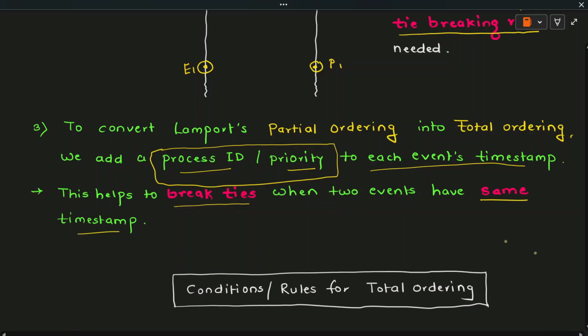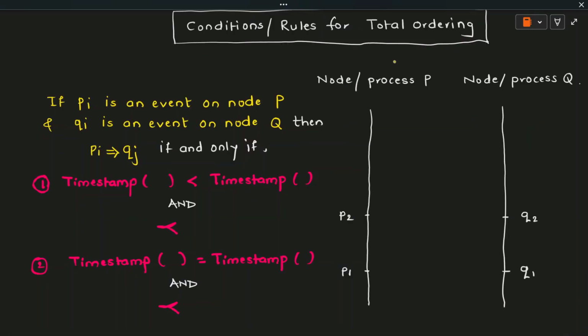Let us see the conditions for total ordering. Here on node or process P, some events are shown, P1 and P2, and on node or process Q, two events are getting executed, that is Q1 and Q2.